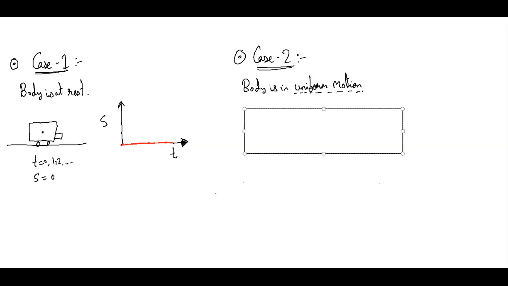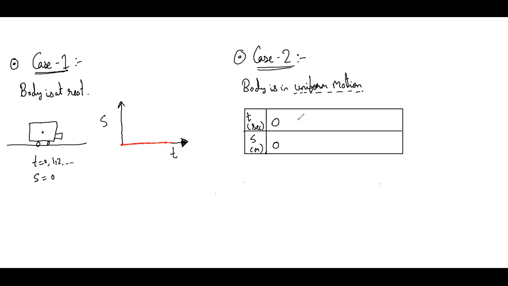Suppose I've been given a table, this time in seconds, and this displacement in meters. So at t equals to 0, displacement is given as 0.